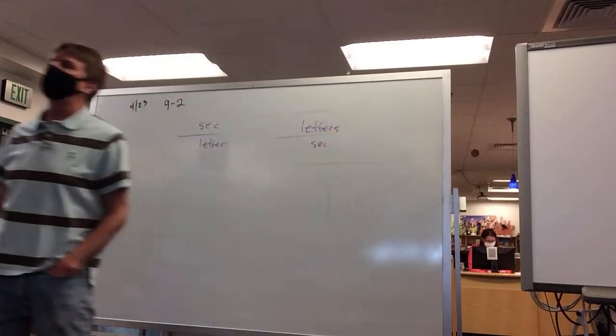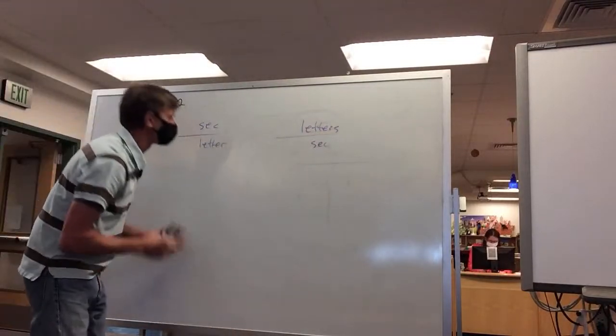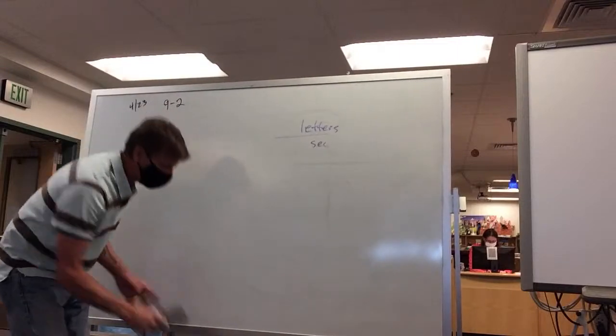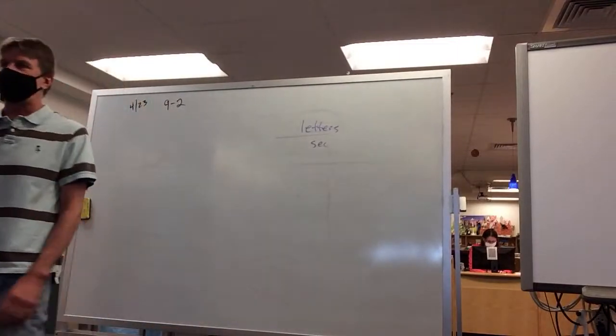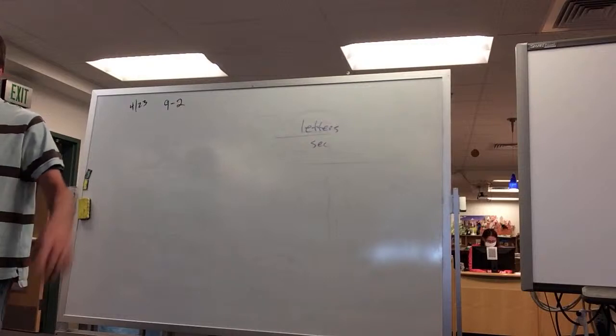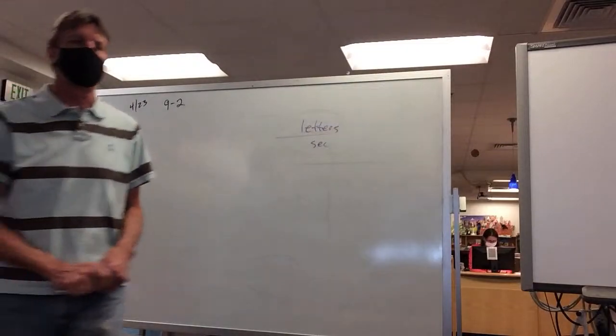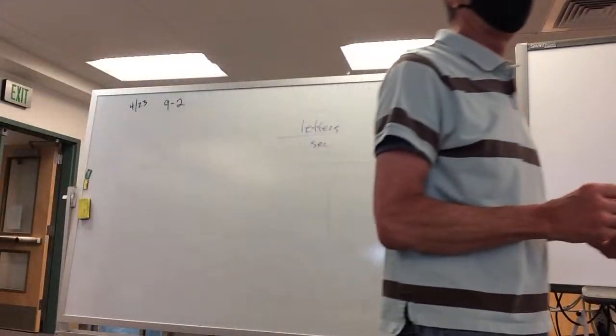Which do you prefer? Letters per second. Yeah, I like letters per second. So I'd like you to figure out how many letters per second, so we would divide, for your left hand and your right hand, your dominant and your recessive hand.